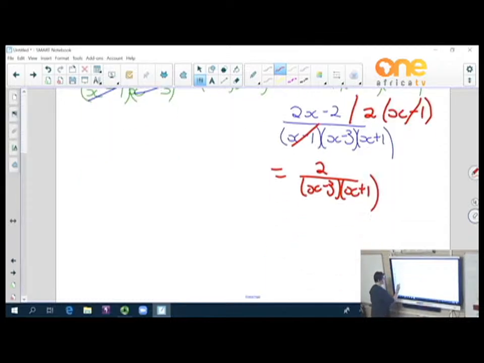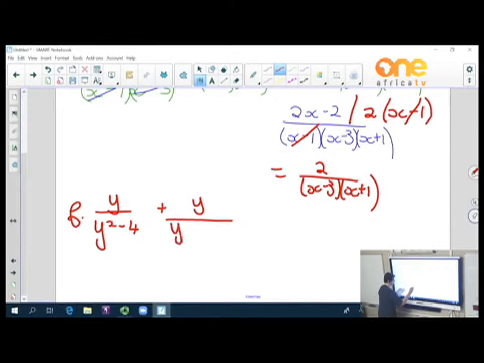And question F. Y over y squared minus 4 plus y over y squared minus 5y plus 6. Factorize means brackets, brackets. This is the difference between squares, so it will be y minus 2, y plus 2.